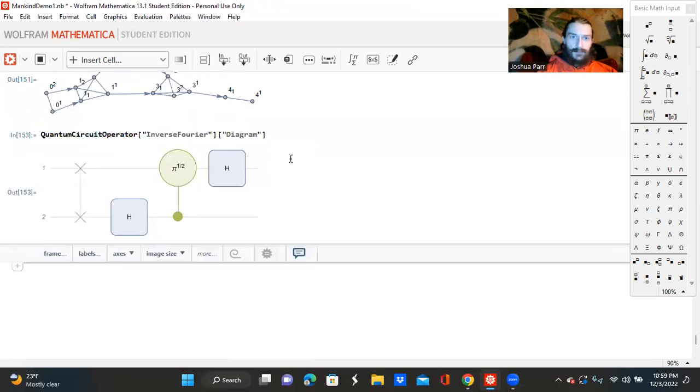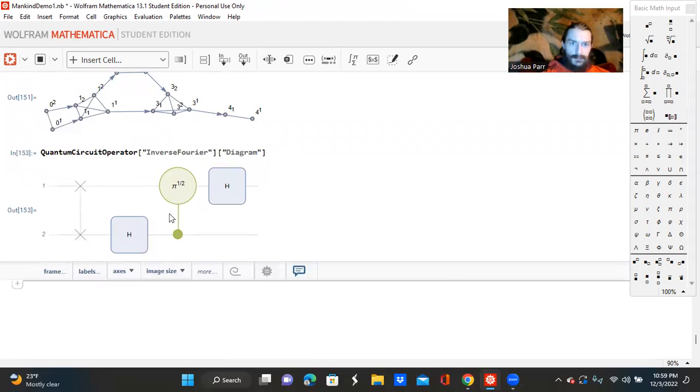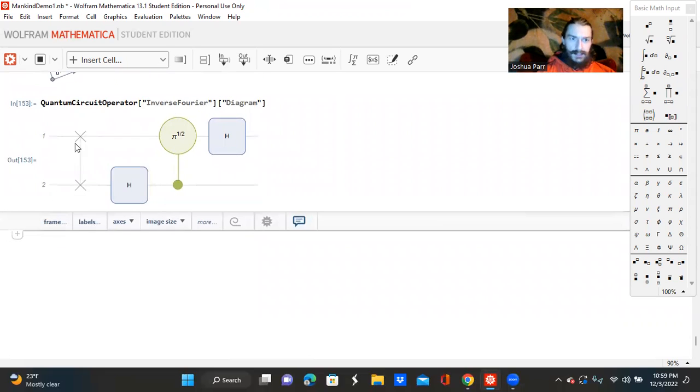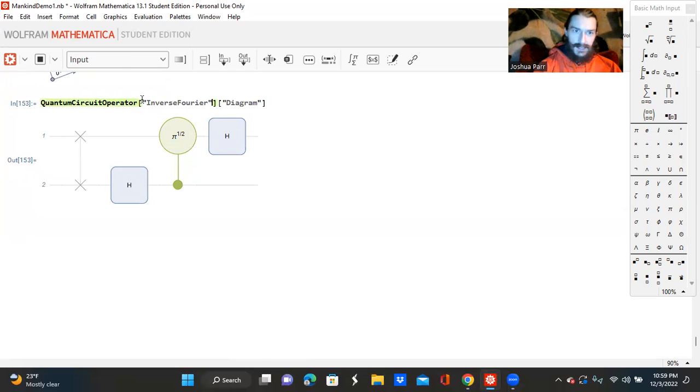This is the inverse Fourier, and this is a diagram of what it does. There are two swap gates here. You have a Hadamard and then a controlled phase with pi to the 1/2, and then another Hadamard gate. This is a quantum circuits operator, inverse Fourier.